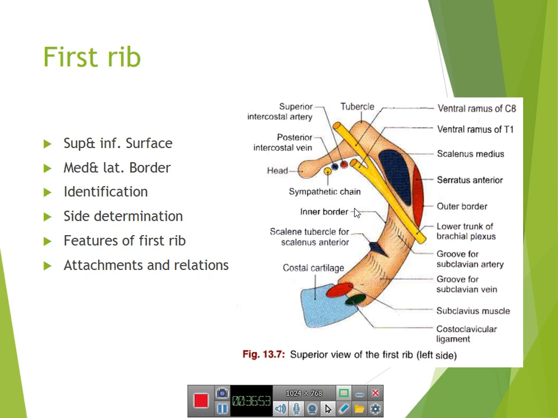The shaft or body of the first rib has two surfaces, the upper, that we are looking at, and the lower surface, and two borders, the outer border and inner border.